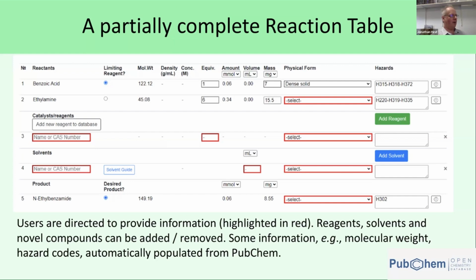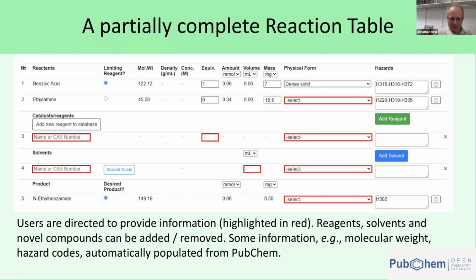This will pop up a partially completed reaction table with as much data as possible pulled in from PubChem. We try to make data entry as painless as possible for the chemist. Boxes highlighted in red indicate where input is needed.